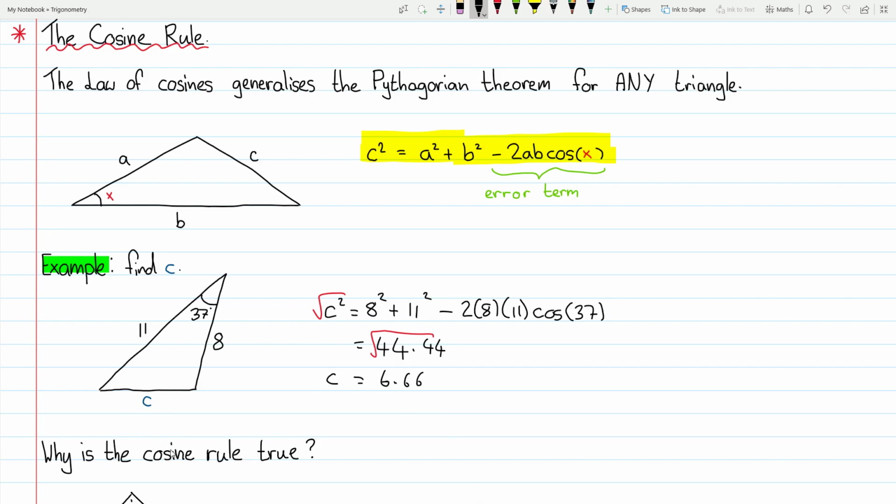So we have applied our generalization, if you will, of the Pythagorean theorem to find this side length of this arbitrary triangle. Notice again that we have 3 pieces of information about the triangle, and with those 3 pieces, we're now able to find any other side.